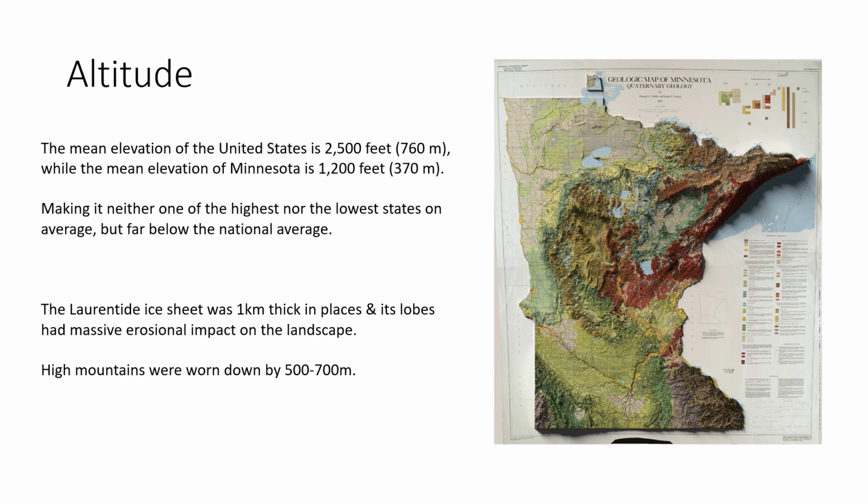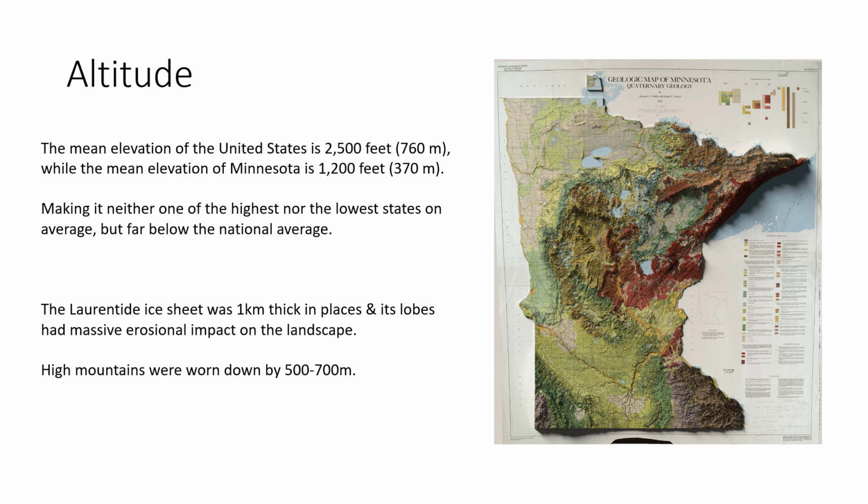If you look at the geological map of Minnesota, we can see, particularly to the northeast, there's quite a high altitude, and those areas were eroded, whereas if you went to the south, the altitude is much lower, and it's much flatter land, and that's an area of deposition that we have there.